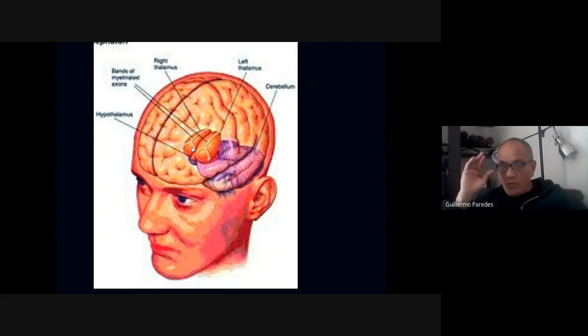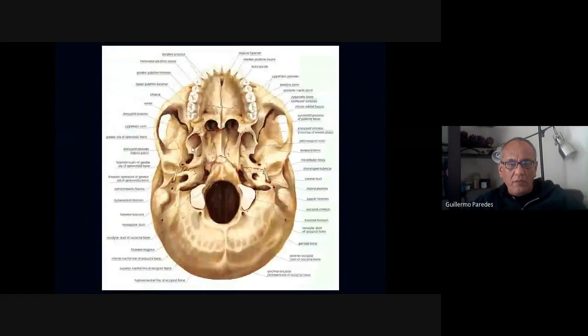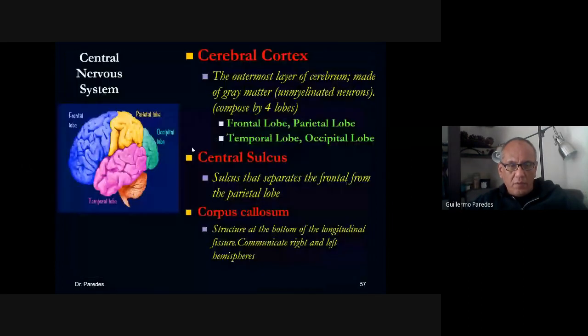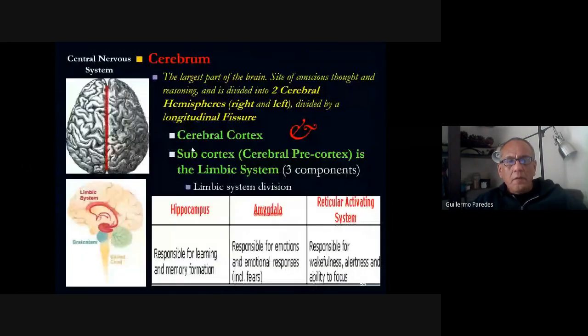In order to do that, I need to tell you first about the cerebrum. We have the cerebral cortex, the subcortex, and we have the limbic system as well.